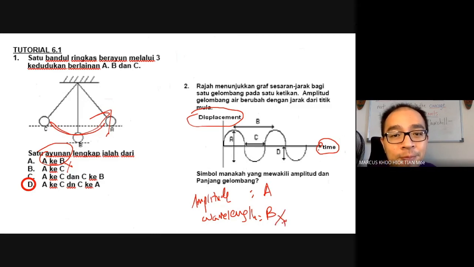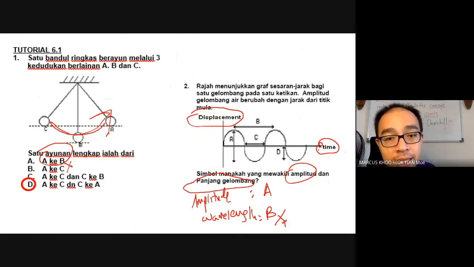Okay, so this is a little bit tricky. There is only one symbol that represents both the amplitude and the wavelength. And so in this case, the amplitude is actually D. This is the amplitude. But the wavelength is actually A. This whole thing is the wavelength. If this is a displacement time graph.